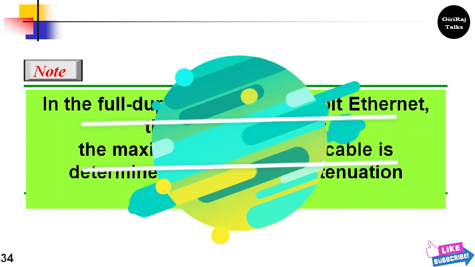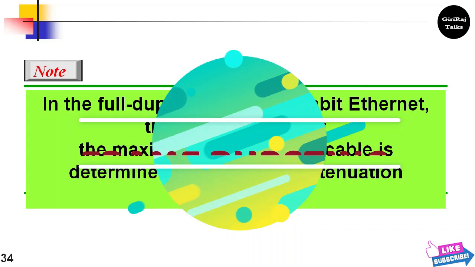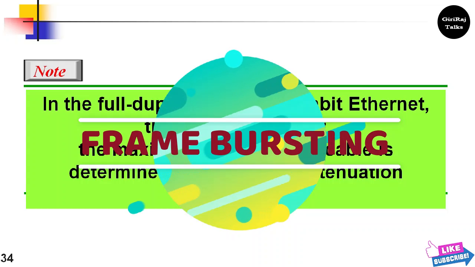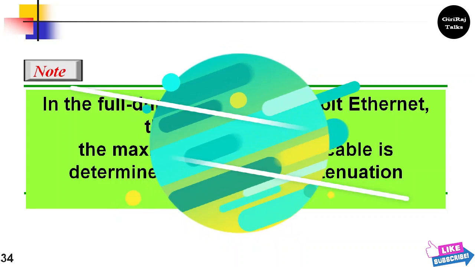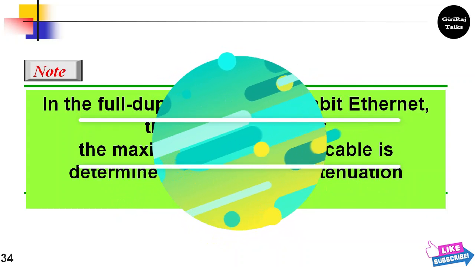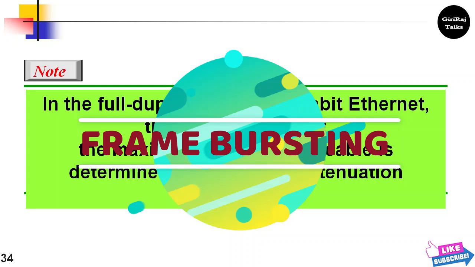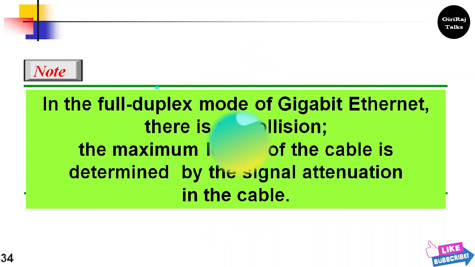Last one, frame bursting. Carrier extension is very inefficient if you have a series of short frames to send. Each frame carries redundant data. To improve efficiency, frame bursting was proposed. Instead of adding an extension to each frame, multiple frames are sent.